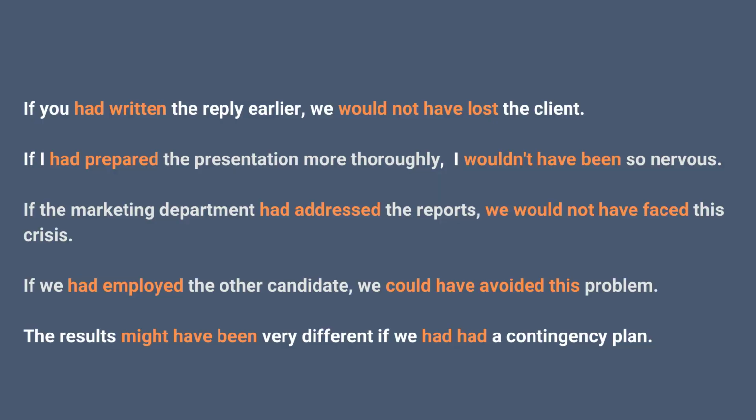It maybe sounds like maybe yes, maybe no. So if we had done this, this could have happened. And if I use the word might, I feel that it sounds a little bit more indefinite. If we had done this, this might have happened. So let's have a look at another 5 examples of these kinds of sentences.